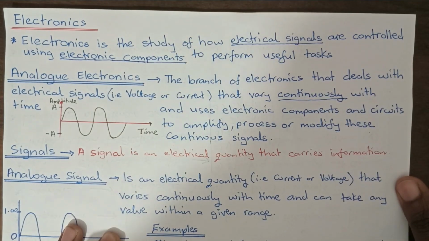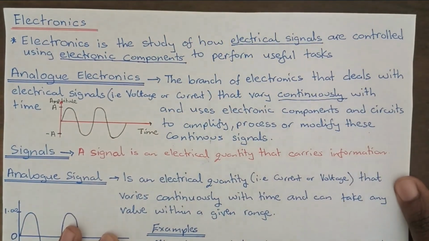So when you hear analog electronics, what must come into your mind is to know that I have got a continuous signal which I need to manipulate, by the use of what? Of electronic components. The components that we mainly use to manipulate these continuous signals in analog electronics are what?